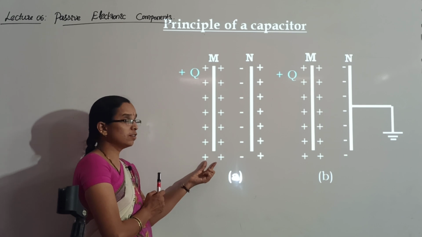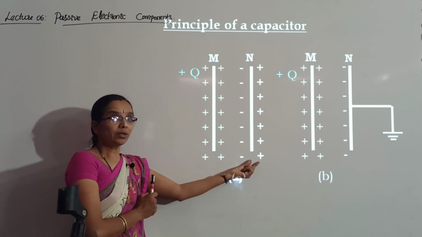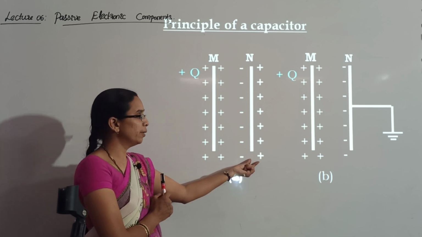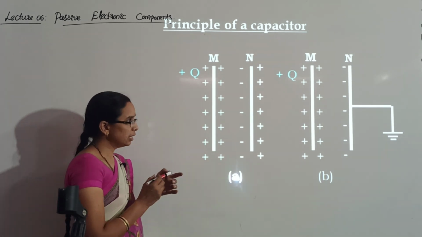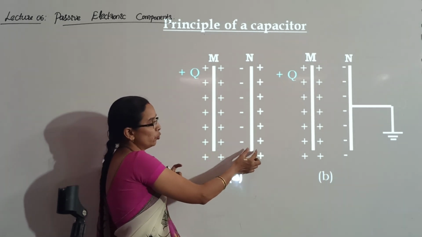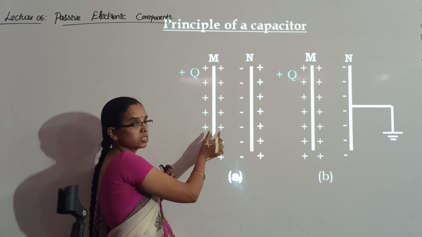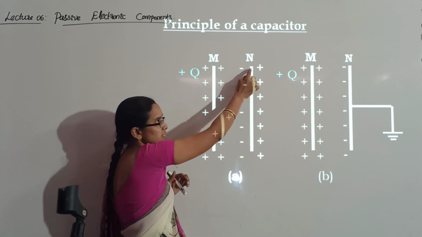Whenever a positively charged plate M comes closer to the neutral plate N, neutral in the sense that the number of positive and negative charges will be the same in this plate, what happens?